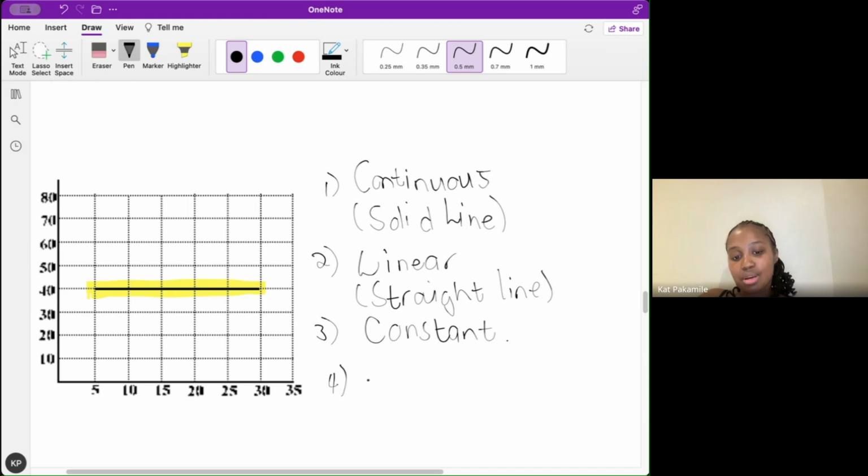Isn't this interesting? What is my minimum for this graph? Nice. Both of them are 40, which is true for a constant graph. If you say you have a constant graph and you have different minimums and maximums, then either you are wrong with the minimum and maximum or you do not have a constant graph.